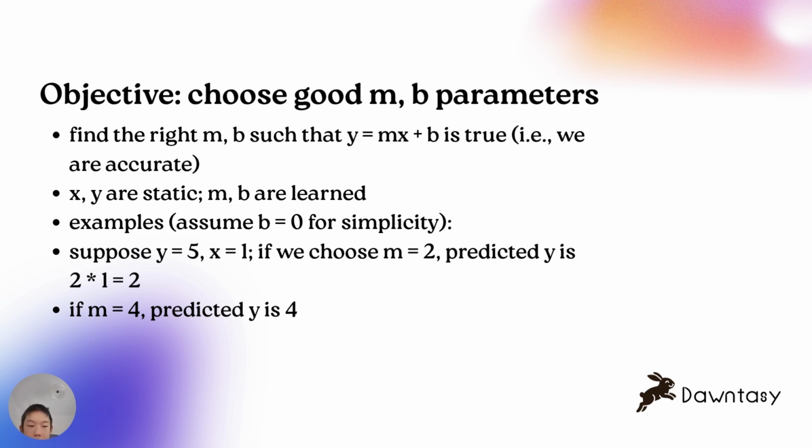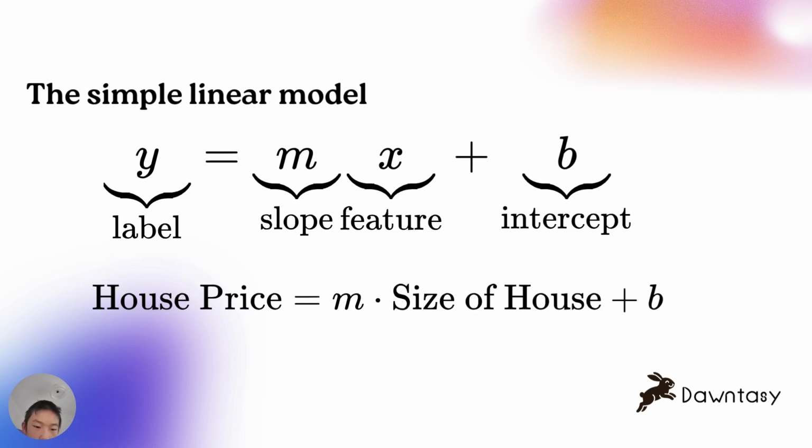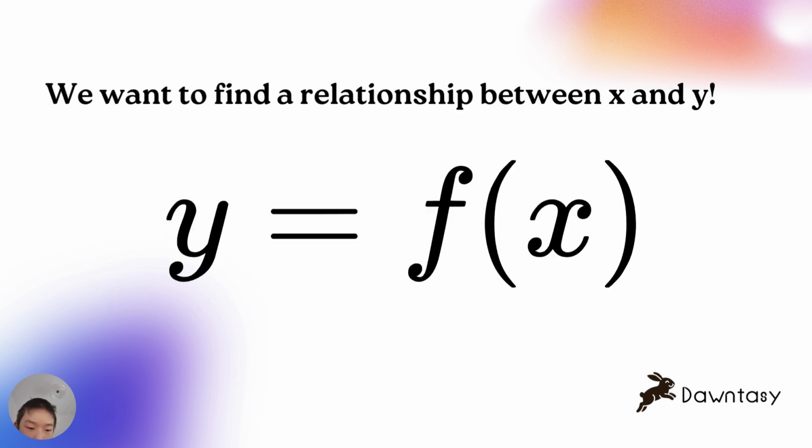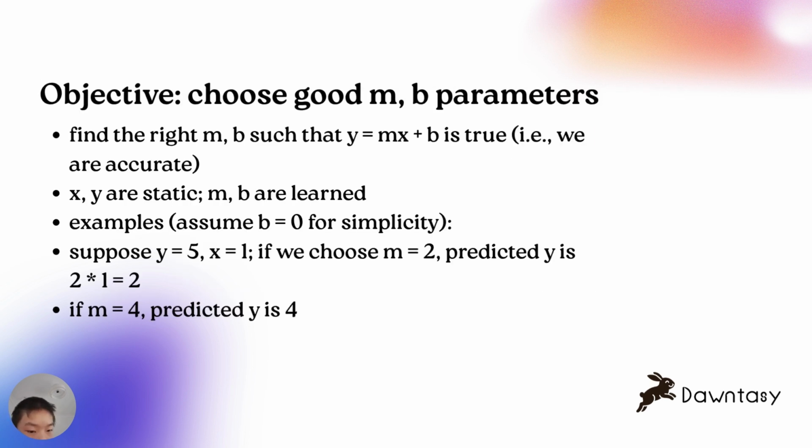Our goal is to find a relationship between them such that for new ones, we can predict the house price again. So we want to find a pattern that applies for all house price pairs. In our linear relationship here, it is defined by the parameters m and b, which we learn during training.